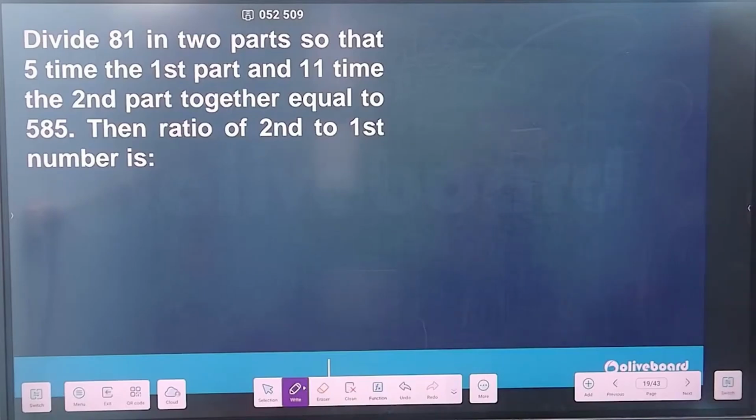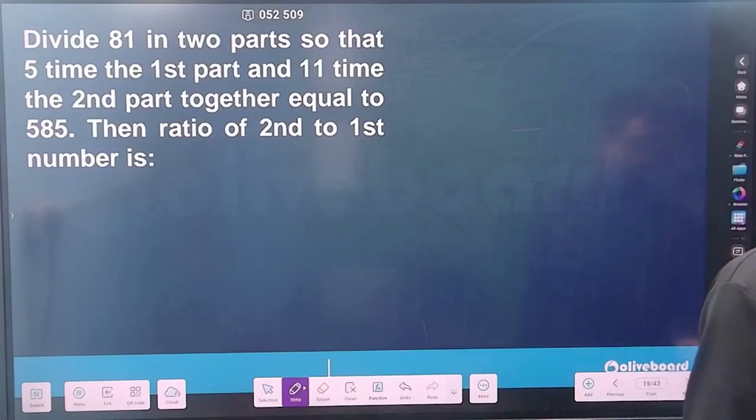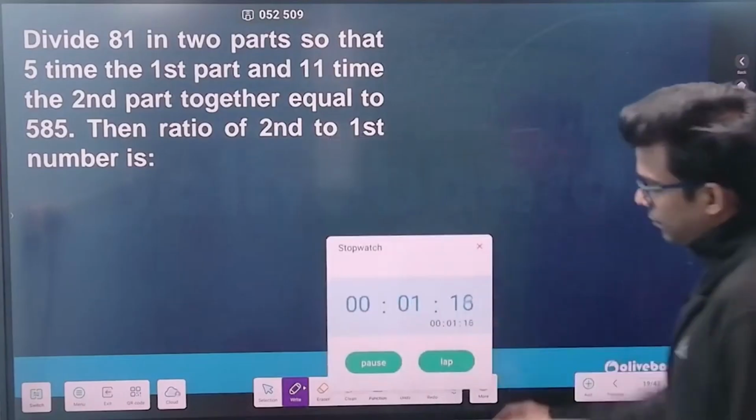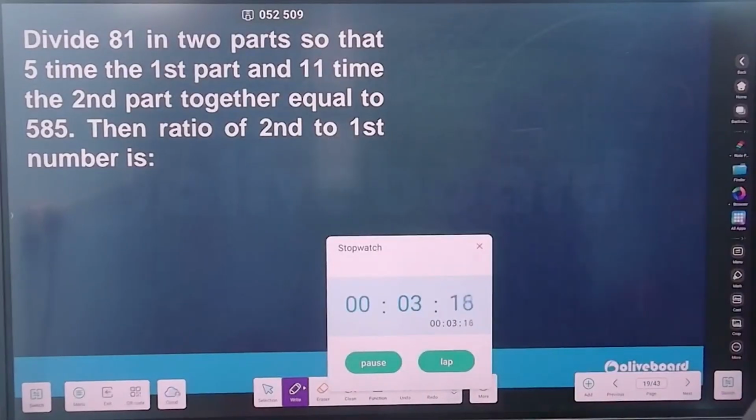Let me give you the timer. For this, I think you should get the timer. One minute of time I'm giving you.